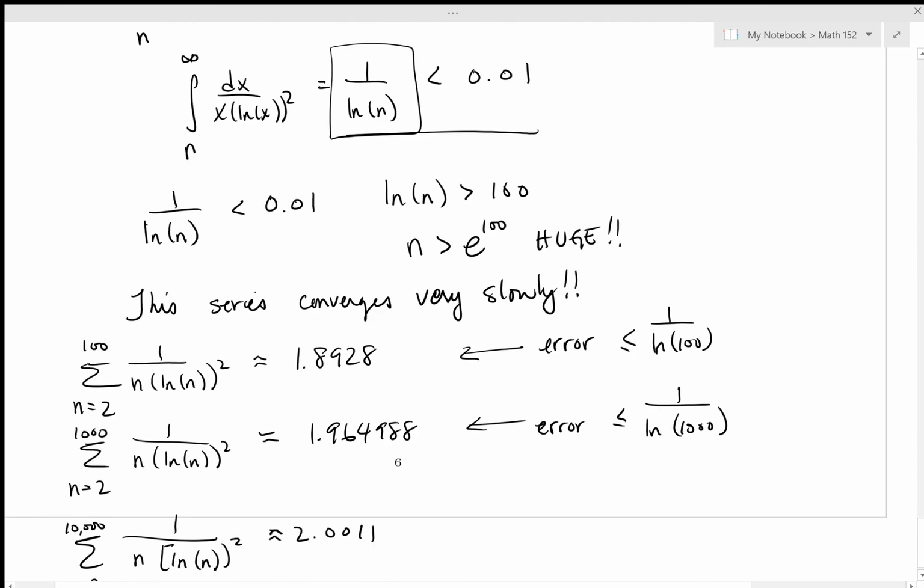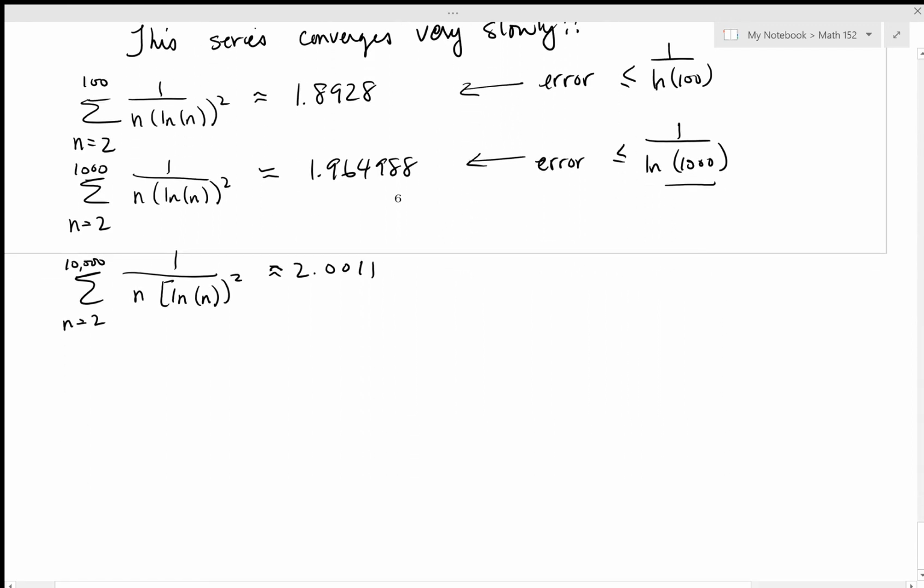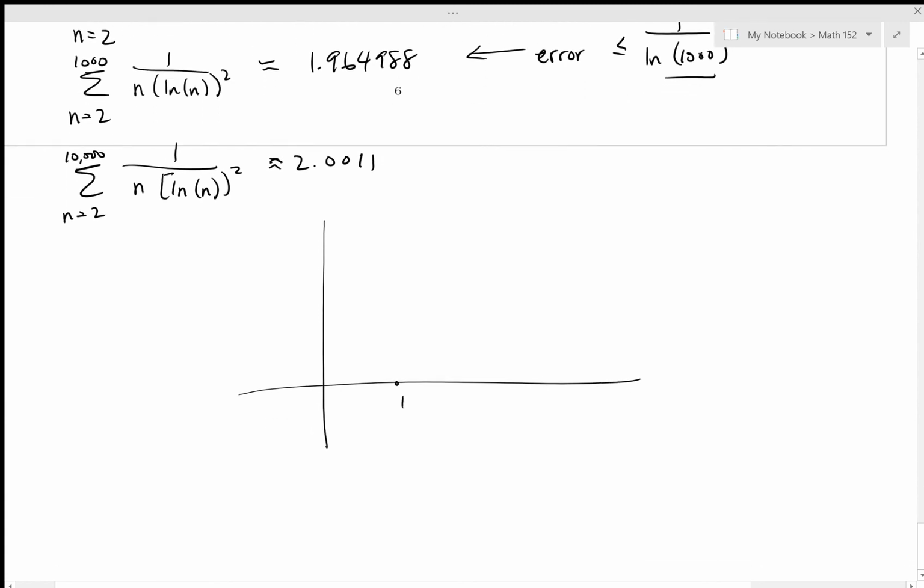And the reason why it is converging so slowly is that this error bound, the logarithmic function, grows so very slowly, right? It sort of starts out fast. Let's just draw a quick picture of the log function to remind ourselves. This is coming up here like this.